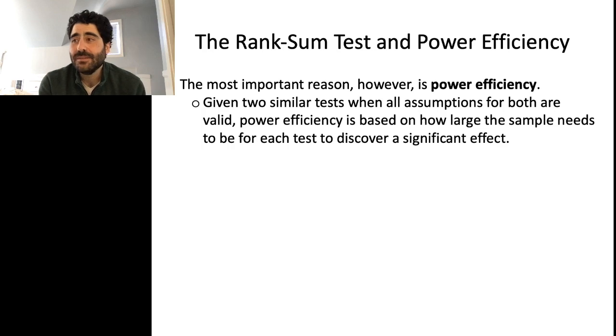So this is all about false negatives and true positives, right? There really is something in the data and we want to try to find it. How easy is it for us to actually find this true effect in the data? What we'd like is for our test to have really high power. And power efficiency here is basically a relative measure of power.